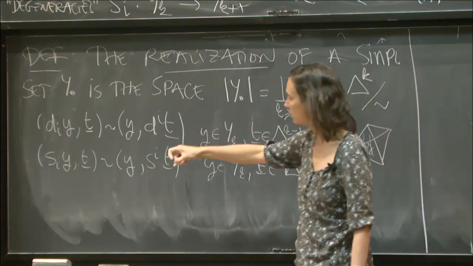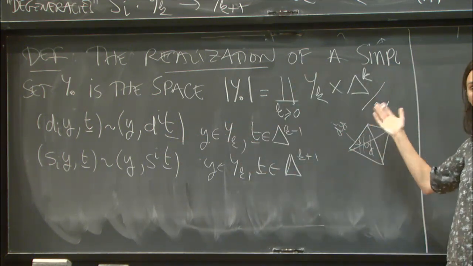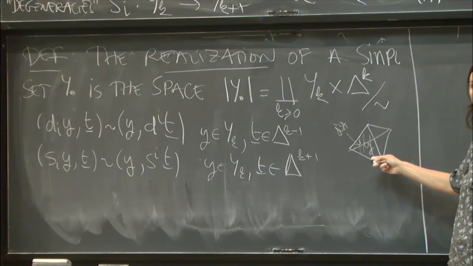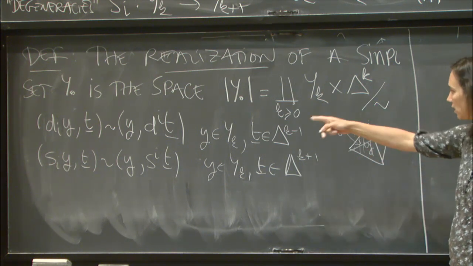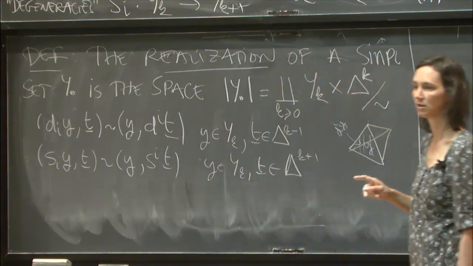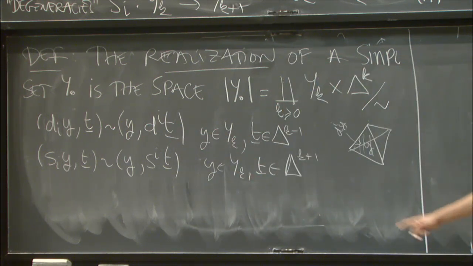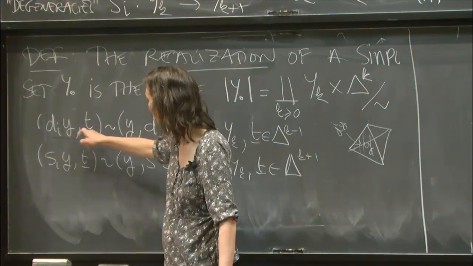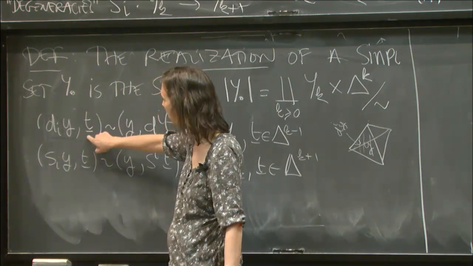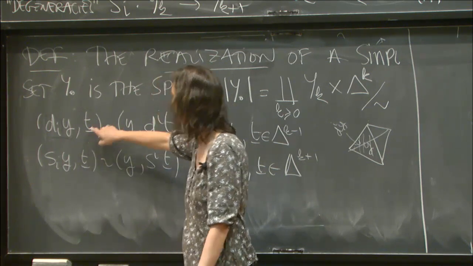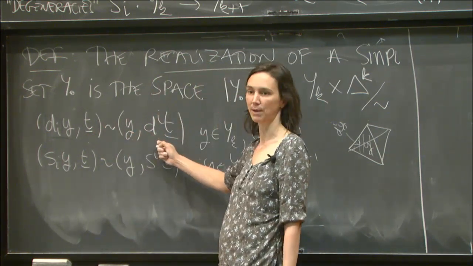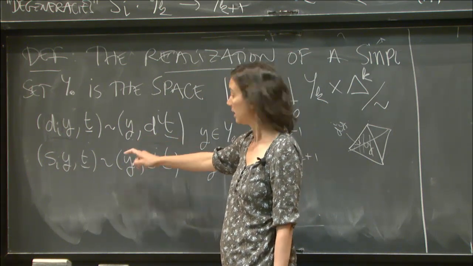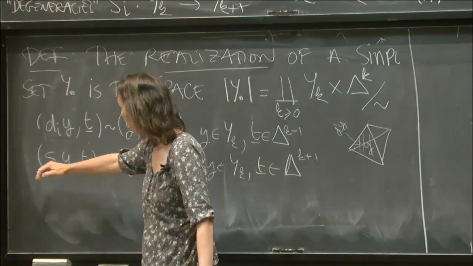In Yk minus 1, it is attached to a k minus 1 simplex, and I'm saying these should be glued together. So the face is the face. That's all this is saying. It's a bit maybe difficult to see the first time you see this, but this is exactly what it is saying. The face in Yk minus 1 of this, any point of the k minus 1 simplex, is attached to y on the boundary of its k simplex.